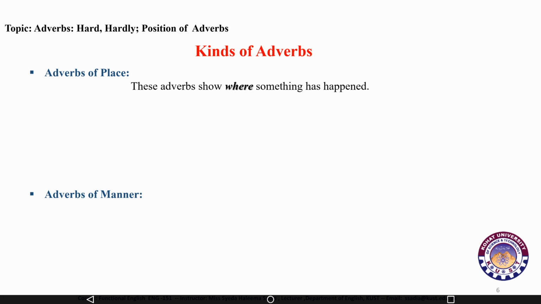So here these adverbs show where something has happened. So these are adverbs of place. We can see the examples here, that come in. Come where? Come in. He looked where? He looked up. And there can be other examples like stand here, go there.